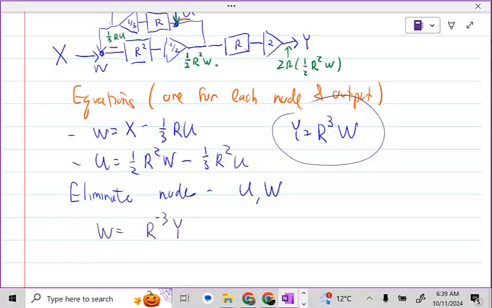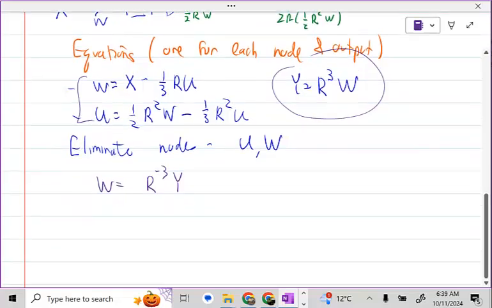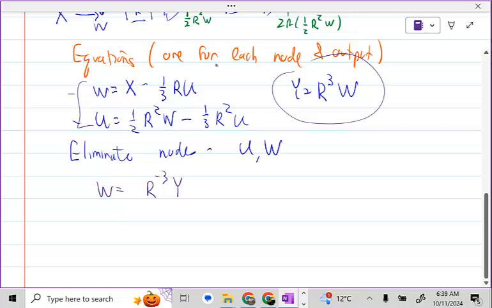Okay, so that gives me my W, and I can replace that into these equations here, and then I'll just have the U left. So let's replace that here. So I have R to the minus 3Y equal to X minus 1/3 RU.